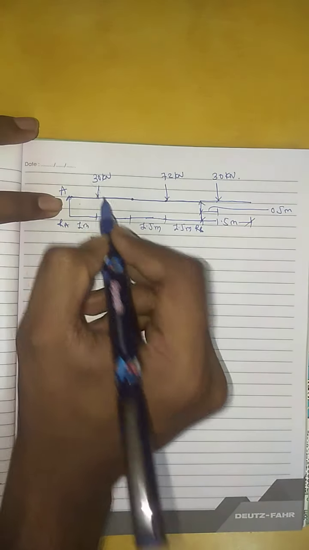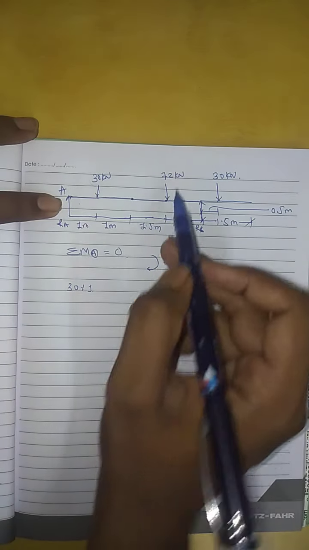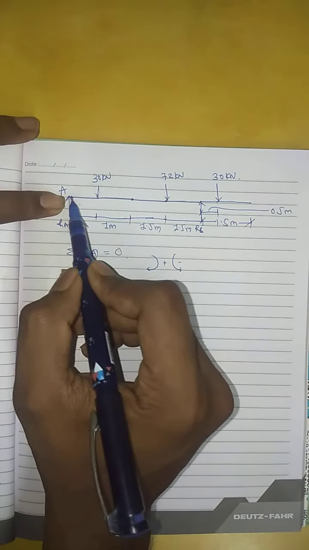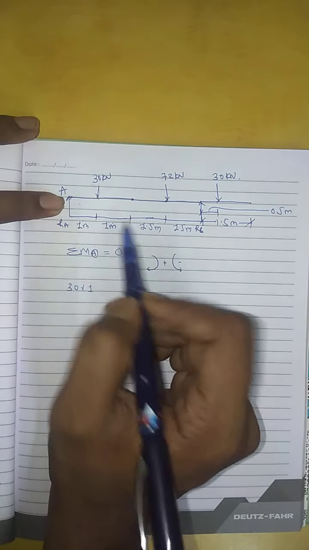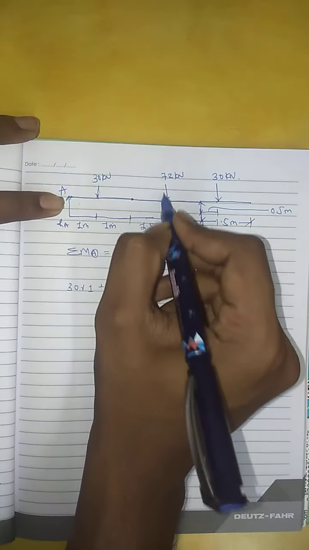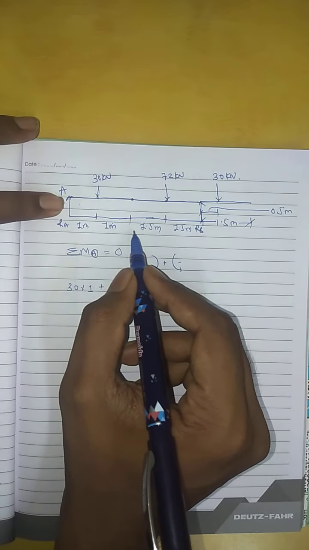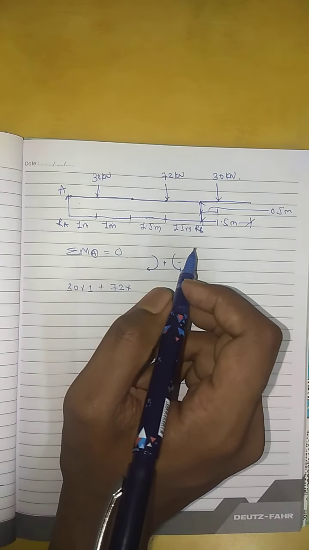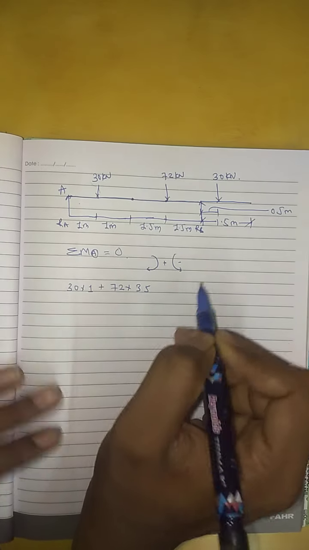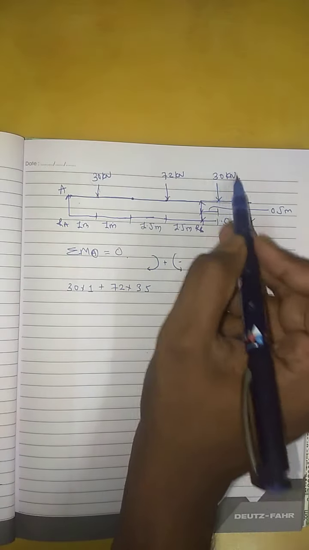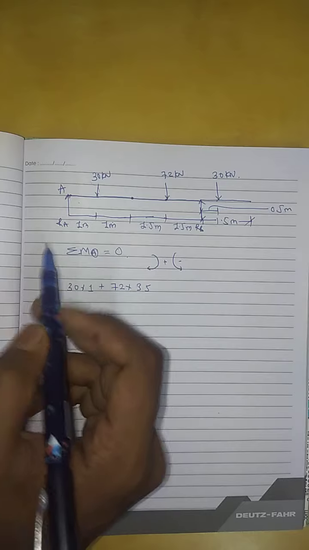Now load into distance: 30 into 1. Next load is 72. From A, the distance is 1 plus 1 plus 2.5. So plus, because again it is clockwise, 72 into 2 plus 1.5, which will be equal to 3.5. Next force is 30 kilonewton, again making a clockwise movement.